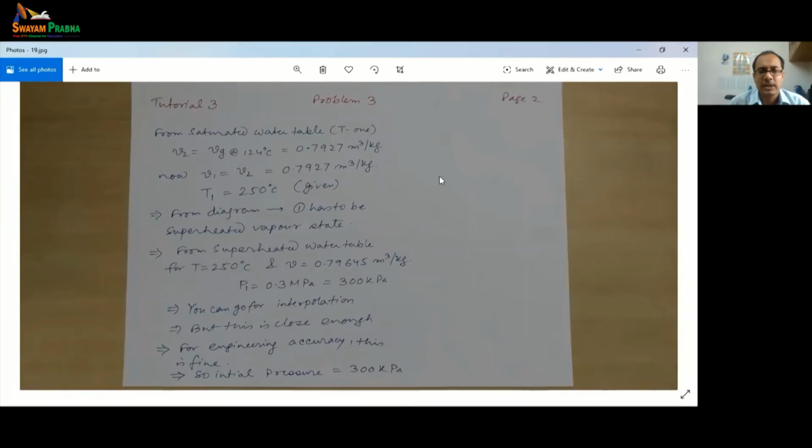summarize is that in this particular tutorial we have partially covered the portion on pure substance properties, and we have looked at the water table and R134A table.